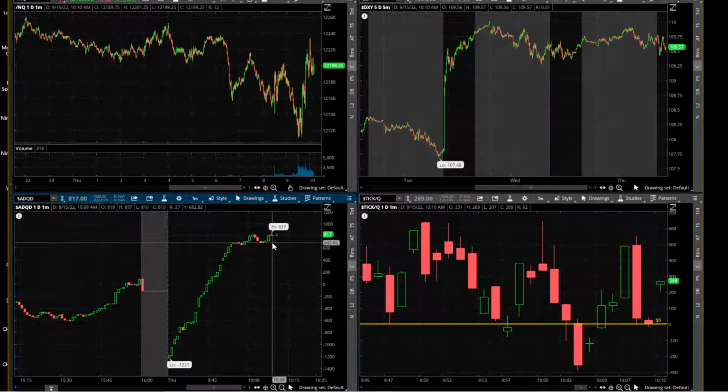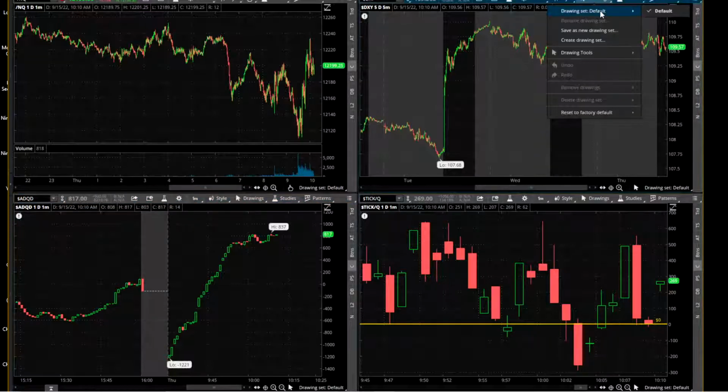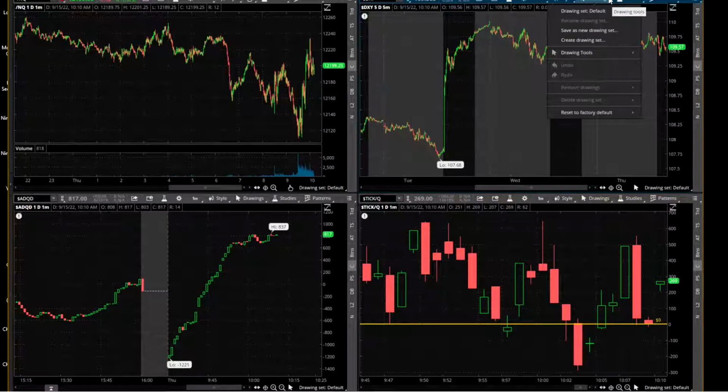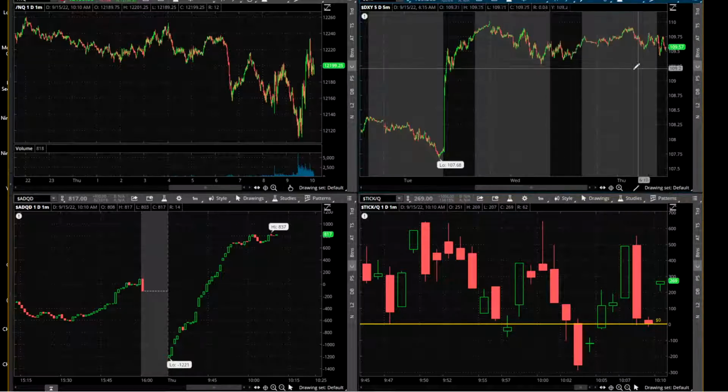What time is this? 10:03, 10:09. I don't say this is a textbook setup. Ideally, I would like this thing to, and bear with me because I'm not very good with this Thinkorswim platform, where's the drawing? Well, drawing tools, there we go.